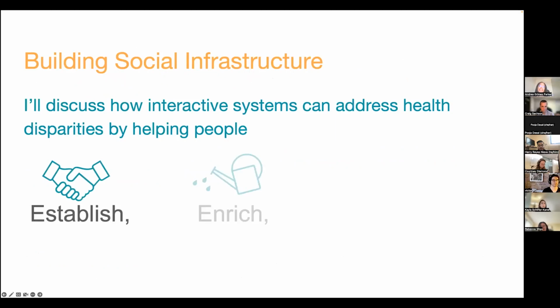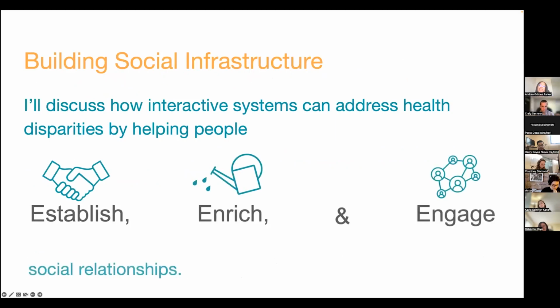And so today, in the remainder of my talk, I'll describe examples of projects in my lab that investigate how interactive computing systems can address health disparities by helping people to establish, enrich, and engage their social relationships. I'll describe why this is an important pursuit and provide some examples of how it can be accomplished.